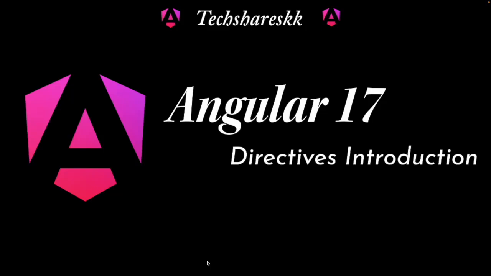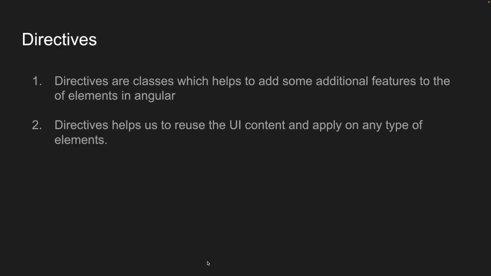In this video, we will talk about directives and the different types of directives we have in Angular. So let me quickly jump into one more slide. Here, if you see, what are directives? Directives are simply classes which are decorated by using a directive decorator, and this class helps us add some additional features to the elements in Angular.